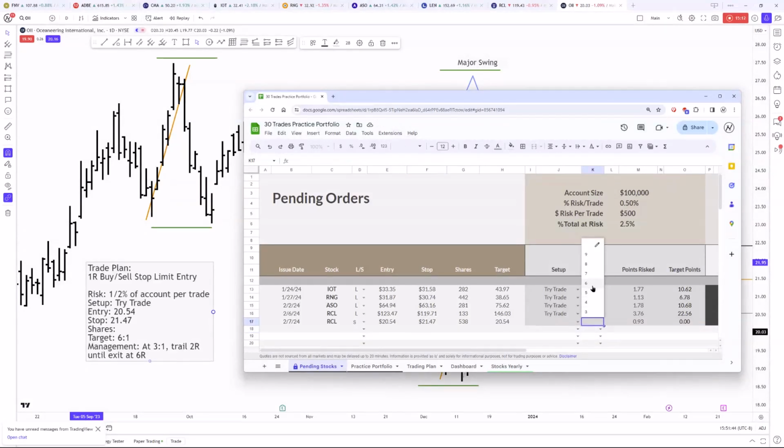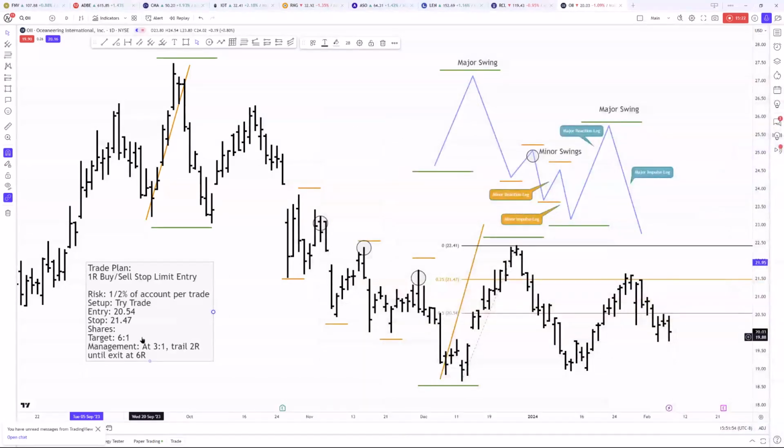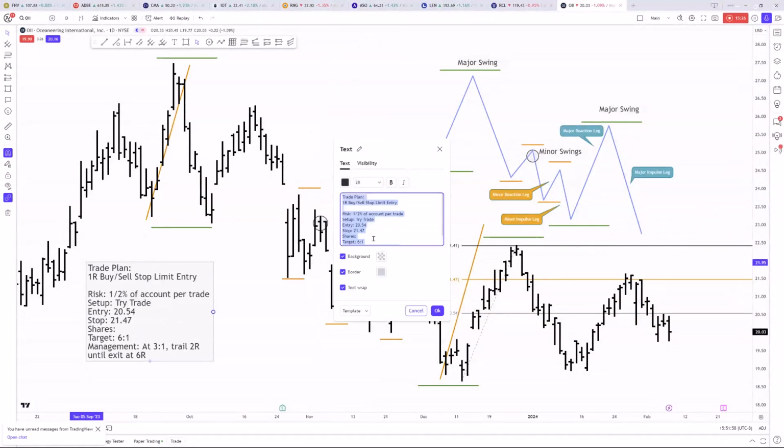We know we're going to shoot for 6-1. It's going to give us points risked, target points, and we just finish filling out the plan. And then we'll double check everything. So shares, 538. Target, it's going to be 14.96.